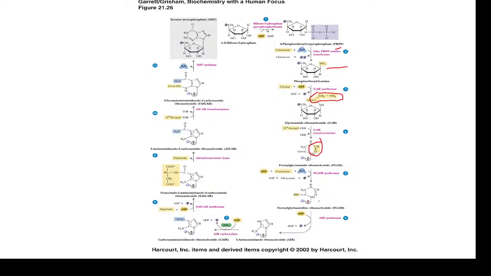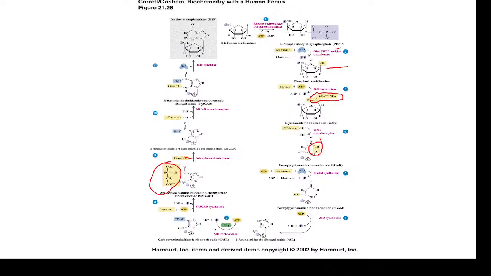So this will undergo cyclization, okay, to form imidazole ring. Then AIR carboxylase will add carbon dioxide from bicarbonate. Then to this, aspartate is added. So from aspartate, fumarate is released.